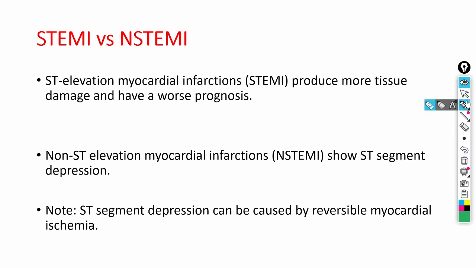ST elevation MI, also known as STEMI, produces more tissue damage and has a worse prognosis. On the other hand, non-ST elevation MI shows ST segment depression. It is important to note that ST segment depression can be caused by reversible myocardial ischemia, as in the cases of angina.